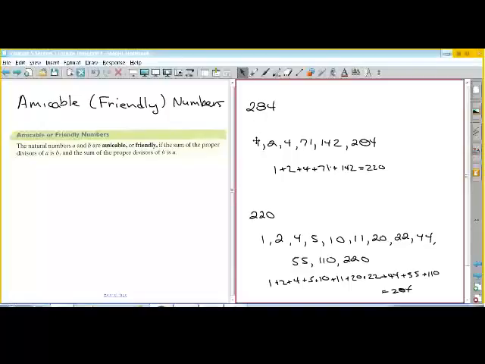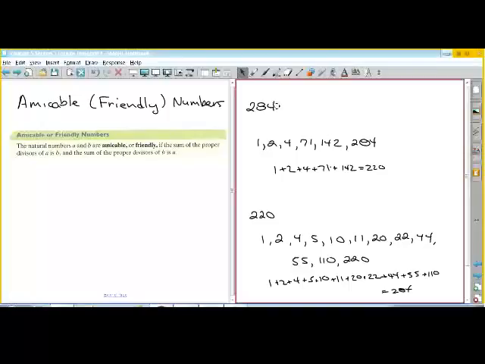284 and 220 are friendly because if I factor 284, I get these 6 numbers. I don't include that, and if I add 1 plus 2 plus 4 plus 71 plus 142, I get 220. And if I do the same thing for 220, I factor 220 and add all these numbers up except 220, I get 284. So it's kind of a weird occurrence.